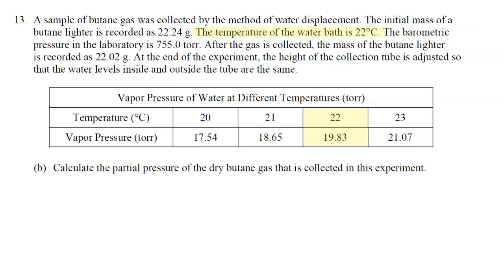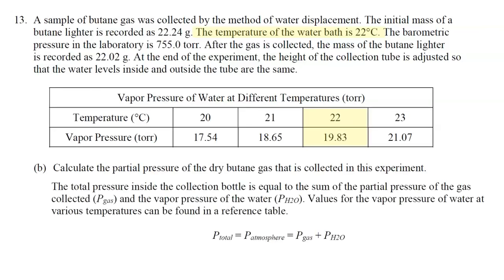So dry butane means just the butane without the water. So the total pressure inside the collection bottle in this experiment is equal to the sum of the partial pressure of the gas collected, that would be butane, and the vapor pressure of water. And values for the vapor pressure of water can be found in a reference table, which we've already determined in part A was 19.83 torr.